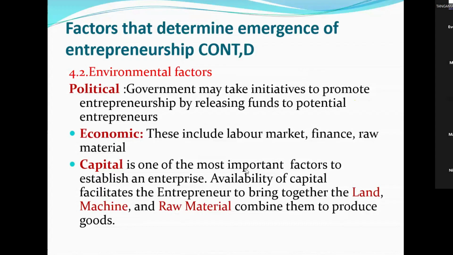Capital is one of the most important factors to establish an enterprise. Availability of capital enables the entrepreneur to bring together the land, machine, and raw material, and combine them to produce goods.